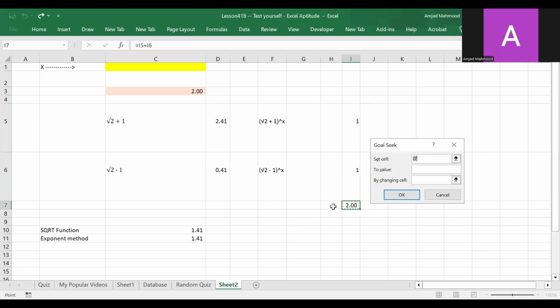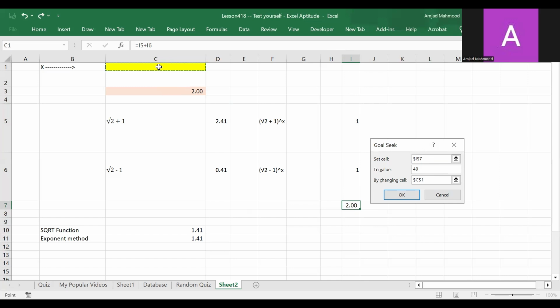In Goal Seek, we set the cell I7, which is the total of the left side of the equation, to 49, as our question is telling us, by changing the value of x.